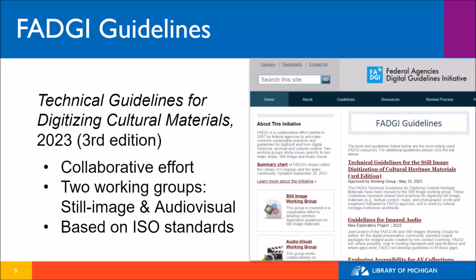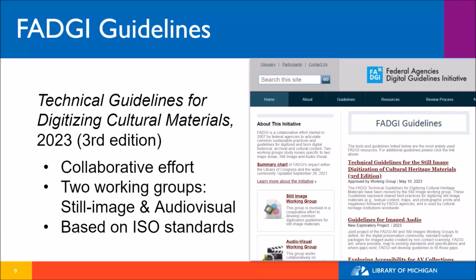Just last month, FADGI released its third edition of Technical Guidelines for Digitizing Cultural Heritage Materials, which focuses on still image digitization. The guidelines provide contextualization for various aspects of digitization, evaluation for benchmarking equipment, format and equipment recommendations, and high-level processing workflows.